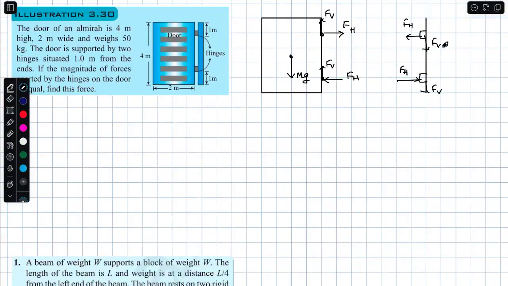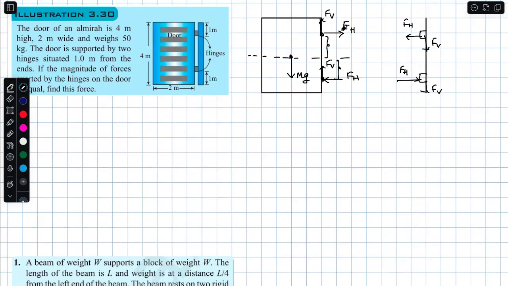You may ask me, how do you know they are the same? Simple. Remember, about this point, these two forces have the same distances, so their torques must be the same, because these forces are the same. Yes or no?